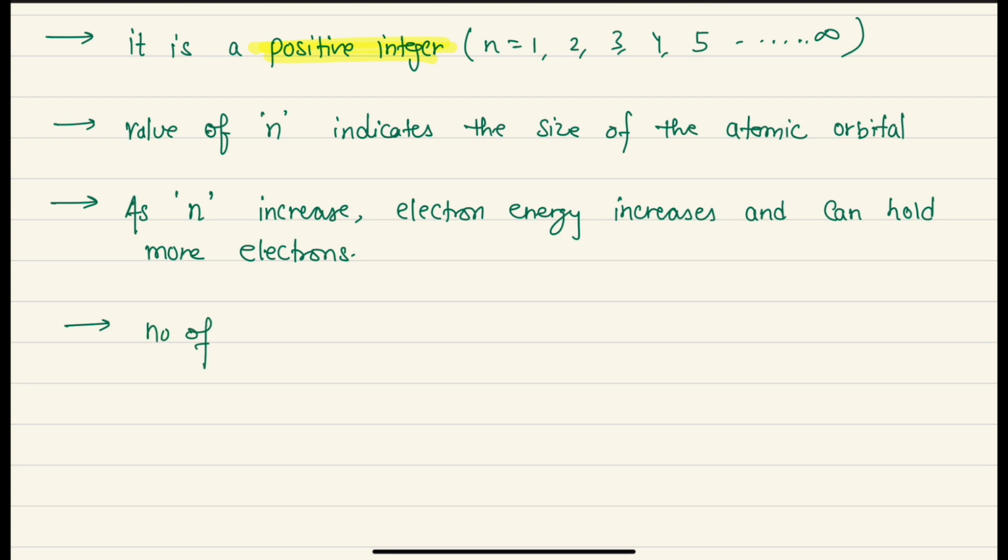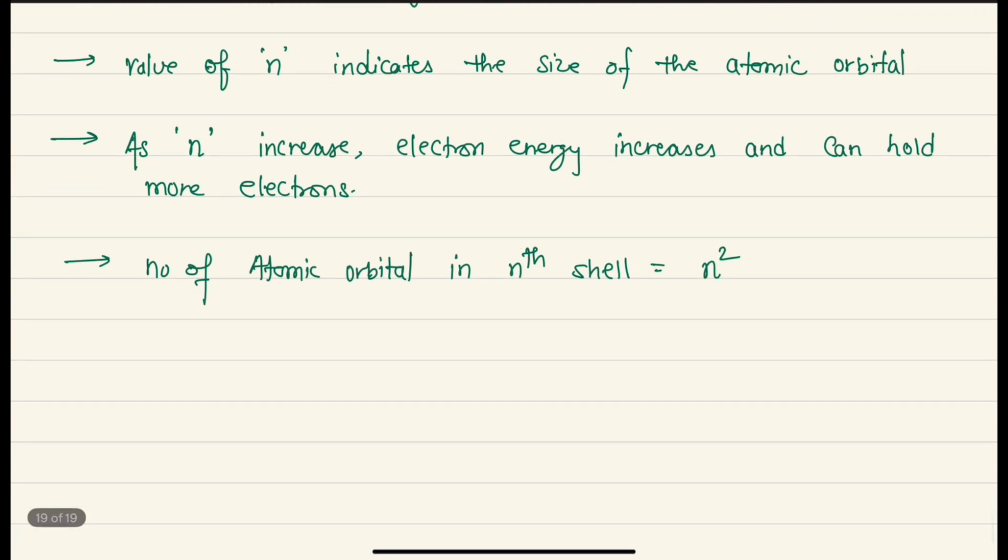Number of atomic orbitals. How to find the number of atomic orbitals in the nth shell? In the nth shell, that is equal to n square. Very important. Don't worry now, I will draw a shell diagram.